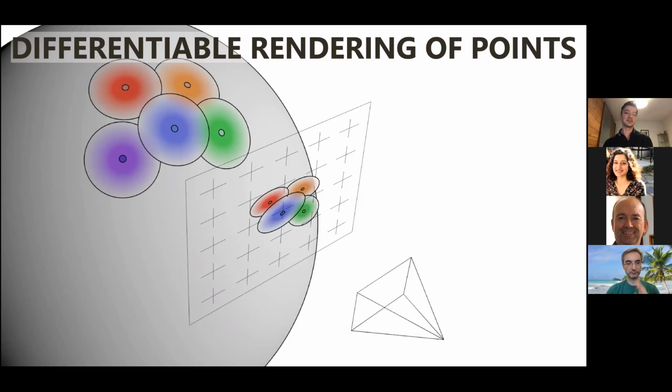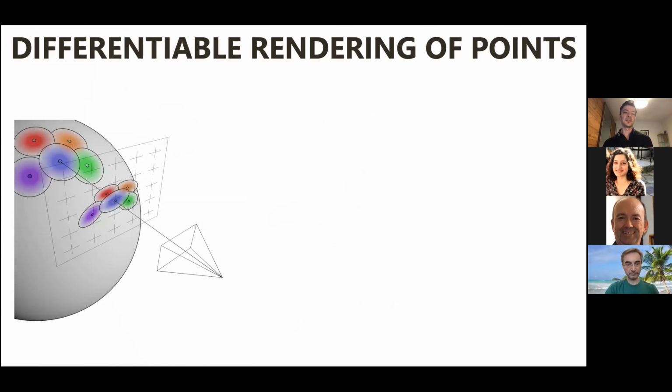A splatter is just an algorithm where you define around each point P a small disk that's orthogonal to your surface normal. And you just project all the splats to the screen space and blend the contributions from the splats. This is just the process. And we just took that and made it differentiable and efficient.